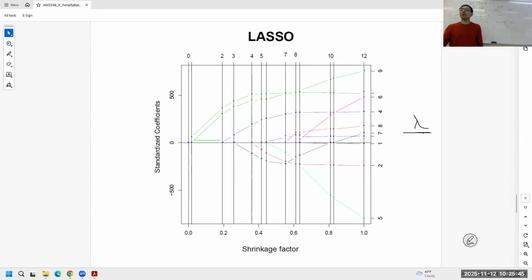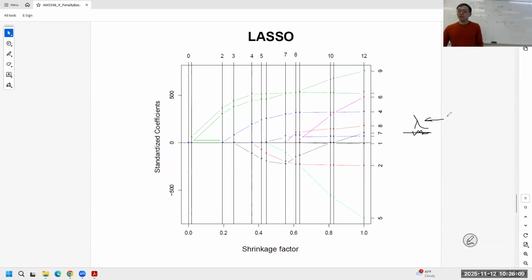If every coefficient becomes zero, you don't have anything, and you're just predicting zero, which is useless. So we want lambda to be large enough to penalize, so we can shrink a little bit, but not too large.